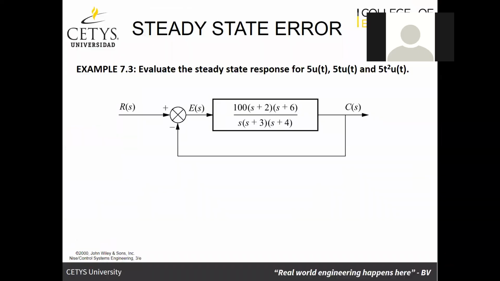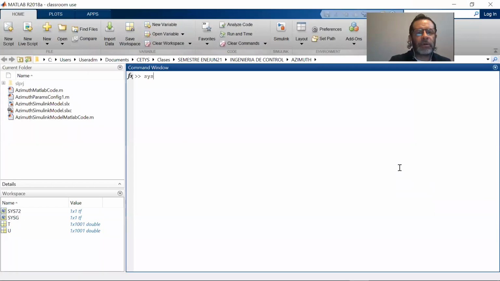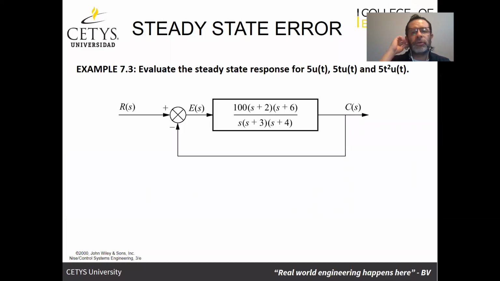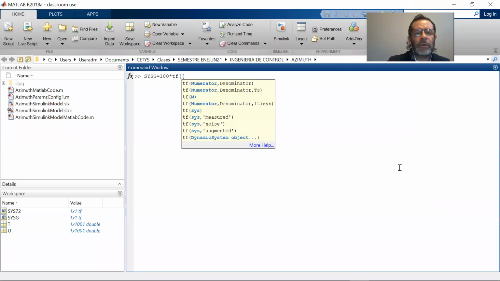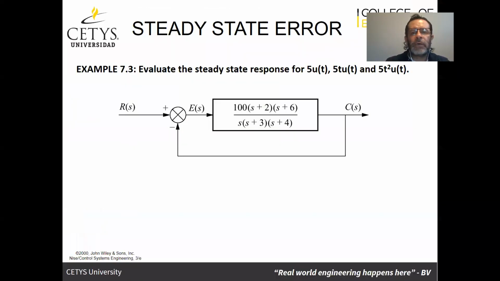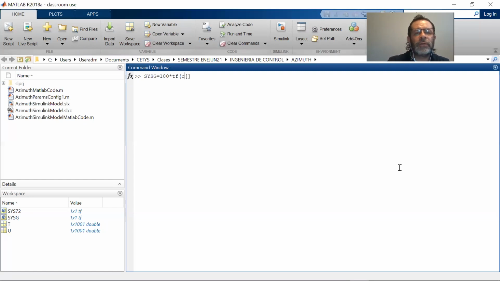Okay, so we're going to define this. I'm going to call this sysg, and it's going to be equal to 100 times TF of the convolution of 1, 2, comma, 1 and 6.